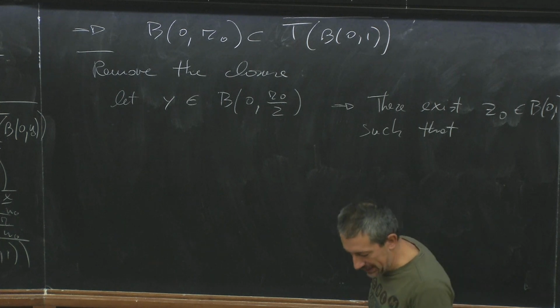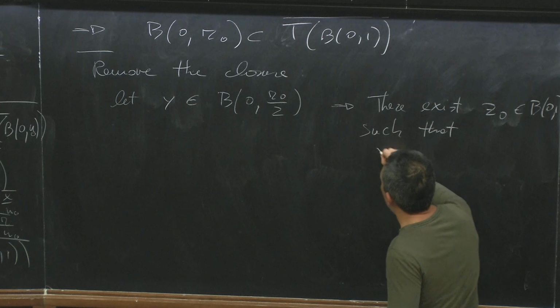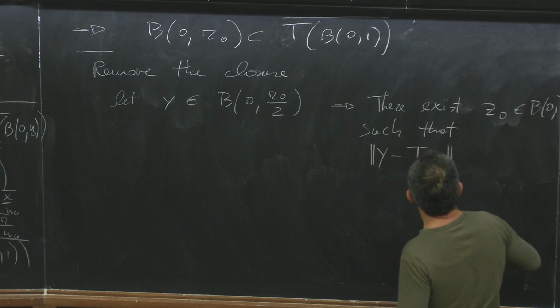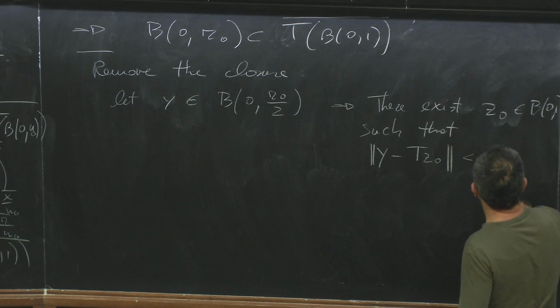In particular, I can say that there exists a z0 such that the norm of y minus T z0 is less than r0 over 4.